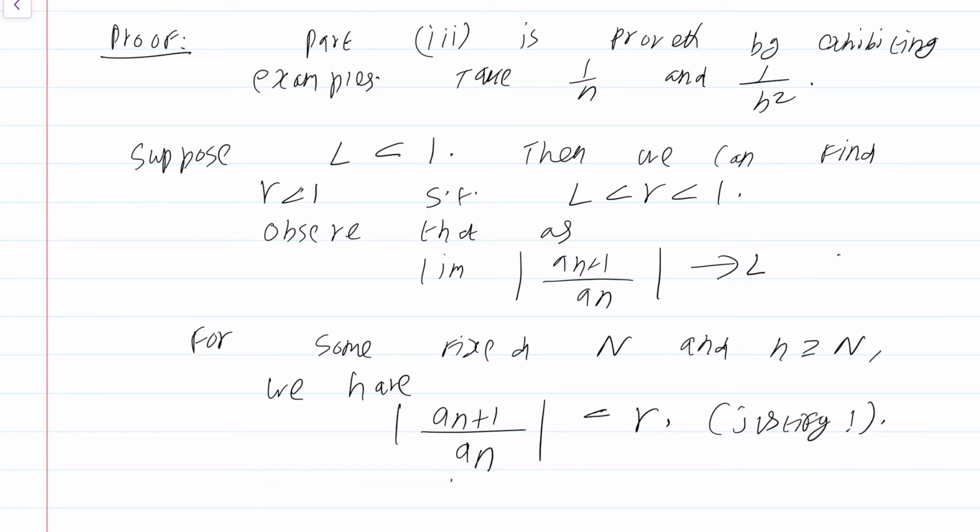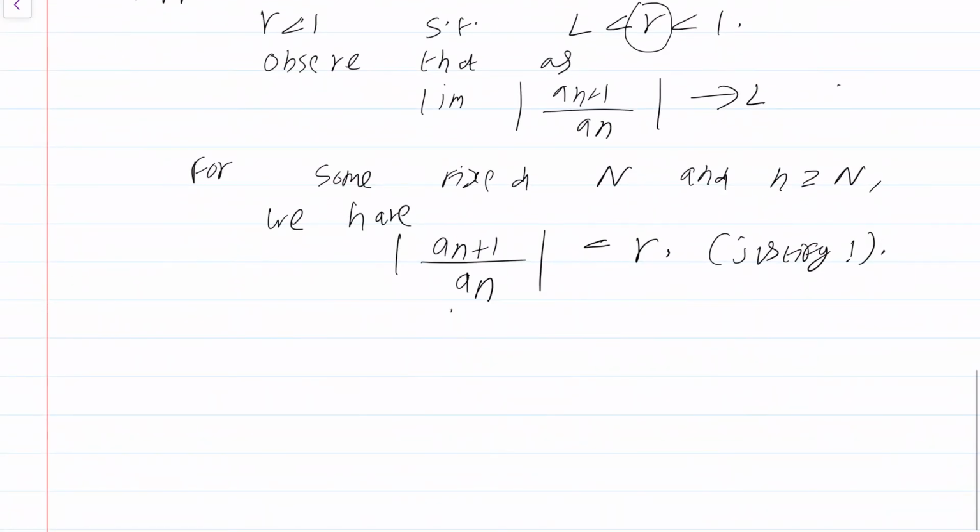What we have done is the following. We know that the sequence mod an plus 1 by an converges to this capital L, and we know that this capital L is less than 1. What we are doing is we are squeezing in this r in between L and 1. By the epsilon n definition of convergence, for suitably large n, the ratio must be very close to L. In particular, the ratio must be strictly less than R whenever n is greater than or equal to this capital N. Now, how does this help us?